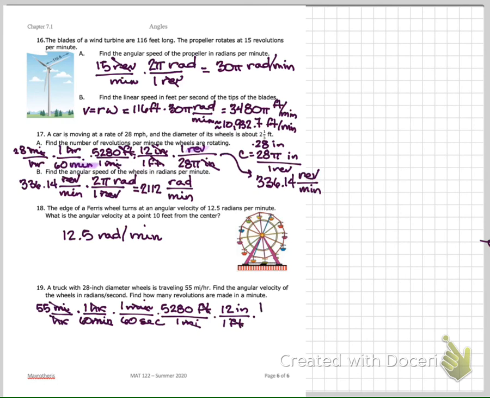I have got 1 revolution per 28 pi inches, so my inches cancel. So we're going to multiply everything in the numerator, divide by everything in the denominator, and we get approximately 11.04. And the 0.04 is too small to worry about. So approximately 11 revolutions per second. And that's it. That is the end of the notes.